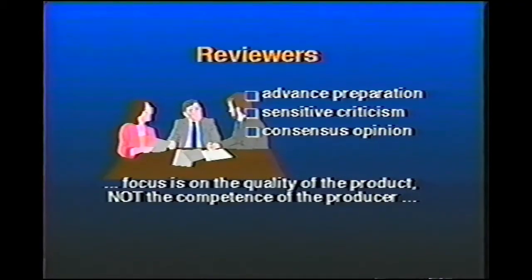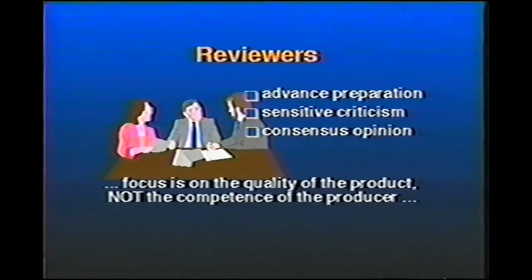Everyone on the review team, the leader, the producer, the recorder, the reviewers, and anyone else who participates is, in essence, a reviewer. And that means that everyone on the review team should prepare in advance, should apply sensitive criticism when examining errors in the work product, and should work toward a consensus opinion at the end of a review.